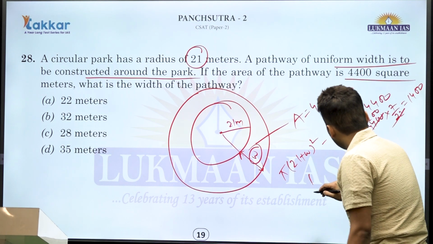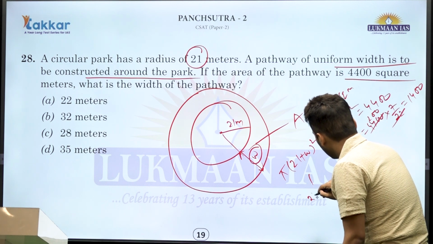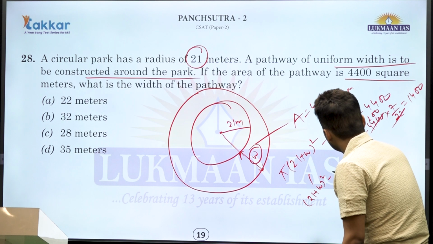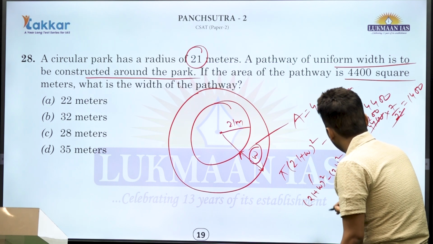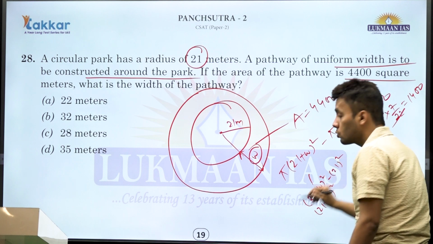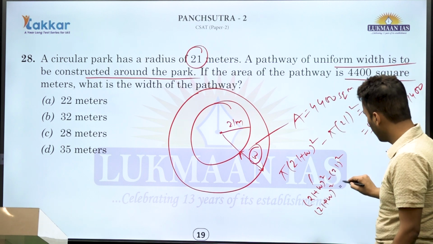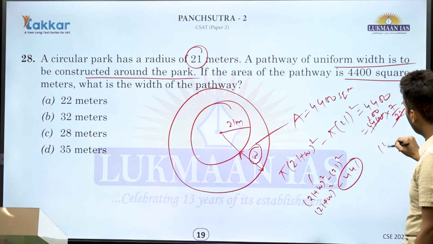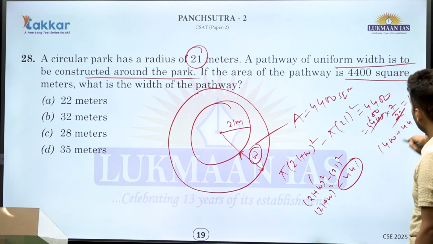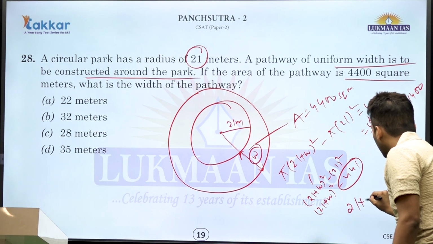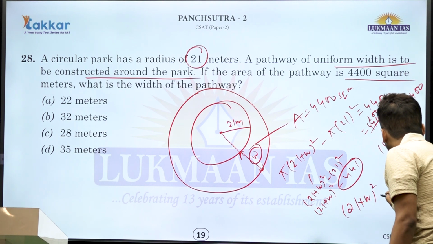Now let's solve here. (21 plus W) square minus 21 square. What is 21 square? 441. Minus 441, which we send to that side, becomes 1400 plus 441, that will be 1841. So the equation which we get is (21 plus W) square is equal to 1841.